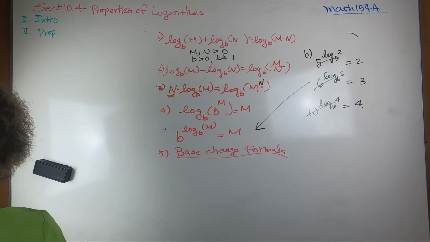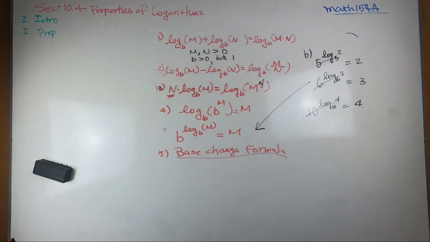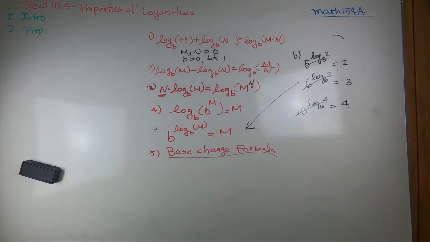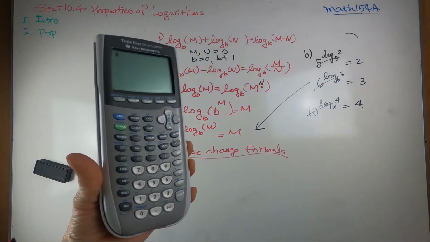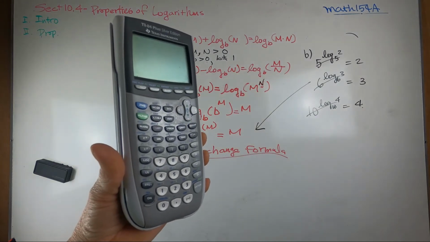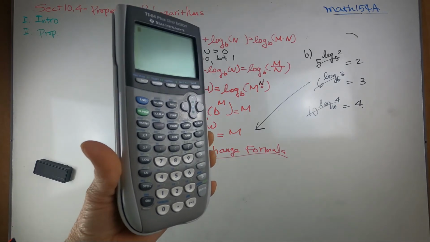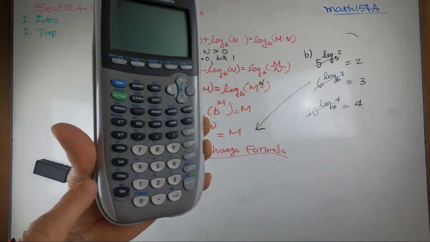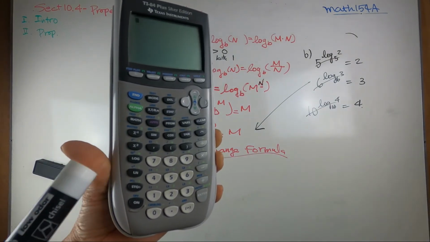Let me get a calculator, show you a little bit about it. See if you can see. So can you see the calculator a little bit? So every calculator is a little bit different, okay? But you can see it has what? It has a log here, right?